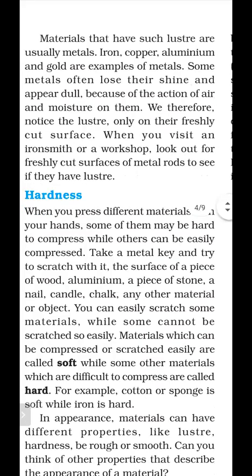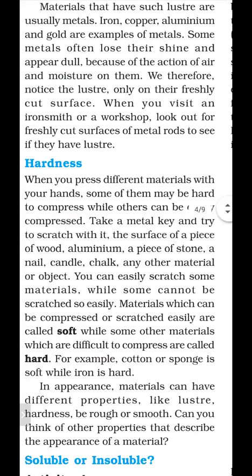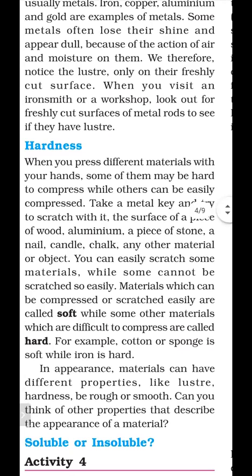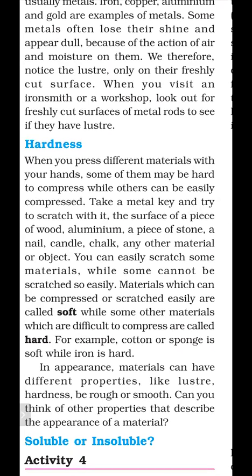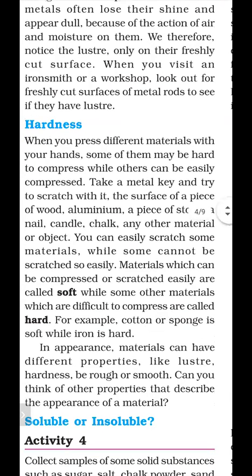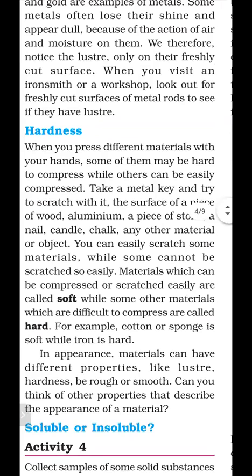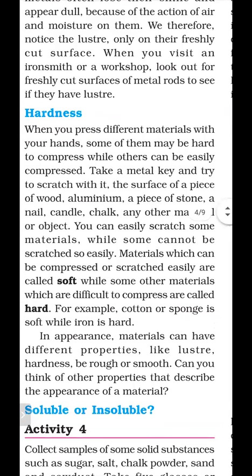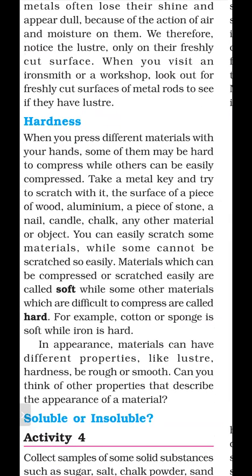And the second property of material is hardness. In hardness, what we study is, take some objects, just like wood, aluminium, nail, candle, chalk, and then we can scratch each material. Some materials can be scratched easily, and some cannot be scratched easily.